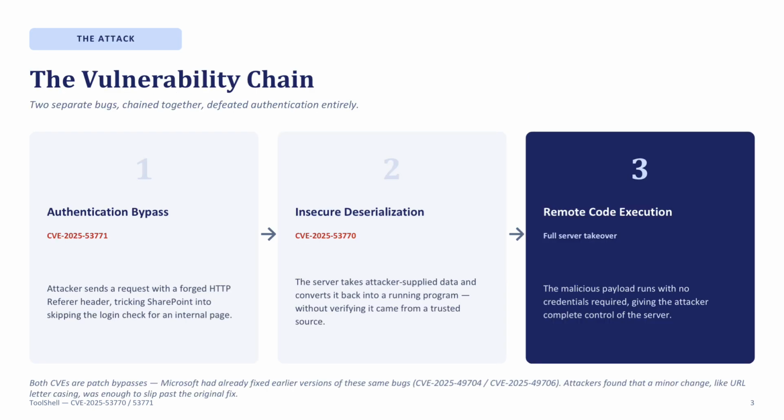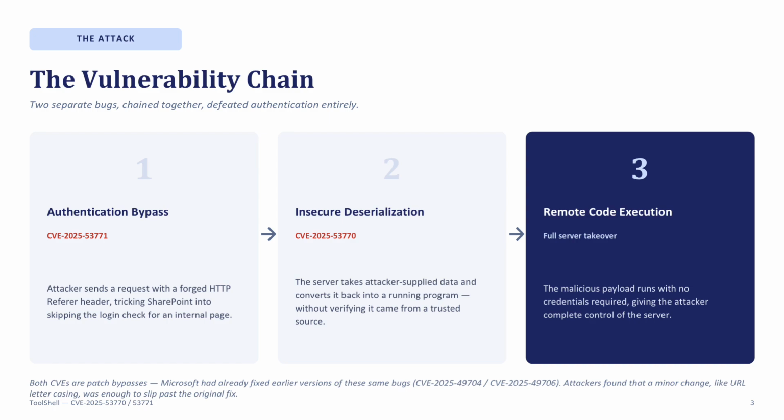The attack, the vulnerability chain. Two separate bugs, chained together, defeated authentication entirely. One, authentication bypass, CVE-2025-53771. Two, insecure deserialization, CVE-2025-53770, leading to remote code execution.